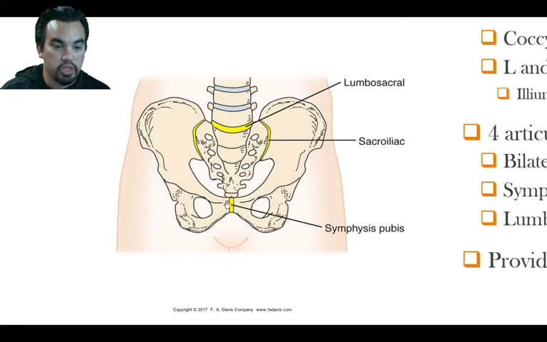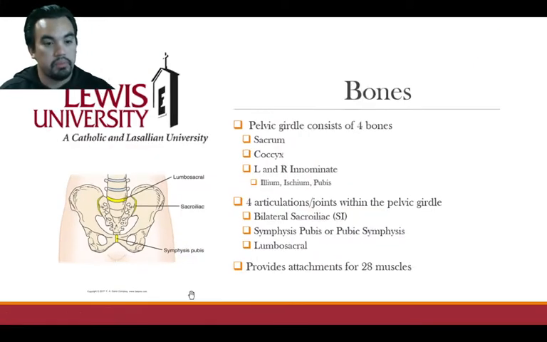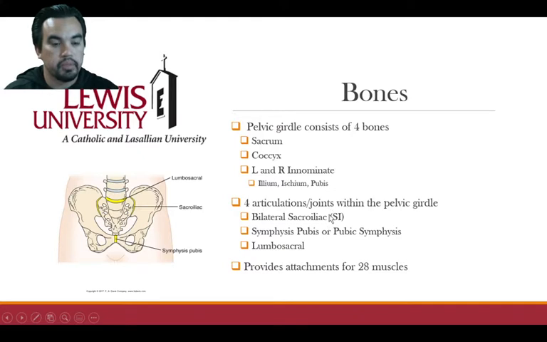This is where the 2 ischium come together and create a little joint right here, and there's a little fibrous disc that sits in there. And so these are the 4 joints of the pelvic girdle. Overall, this pelvic girdle provides attachments for 28 different muscles.